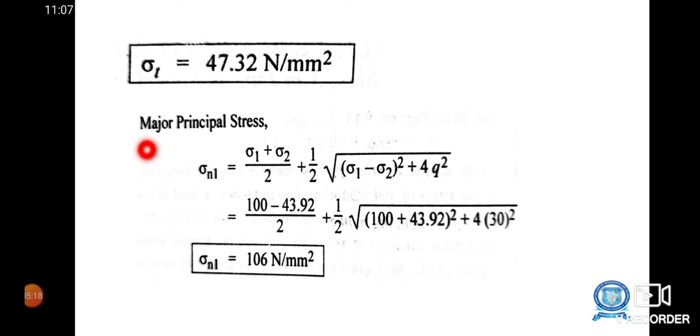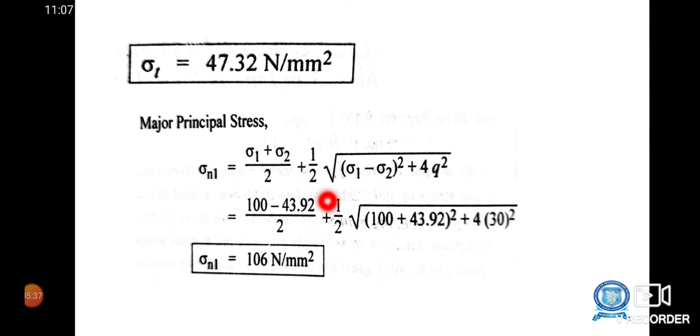Next we find out the major principal stress. The major principal stress sigma n1 is equal to sigma 1 plus sigma 2 divided by 2 plus 1 by 2 root of sigma 1 minus sigma 2 whole square plus 4 q square.